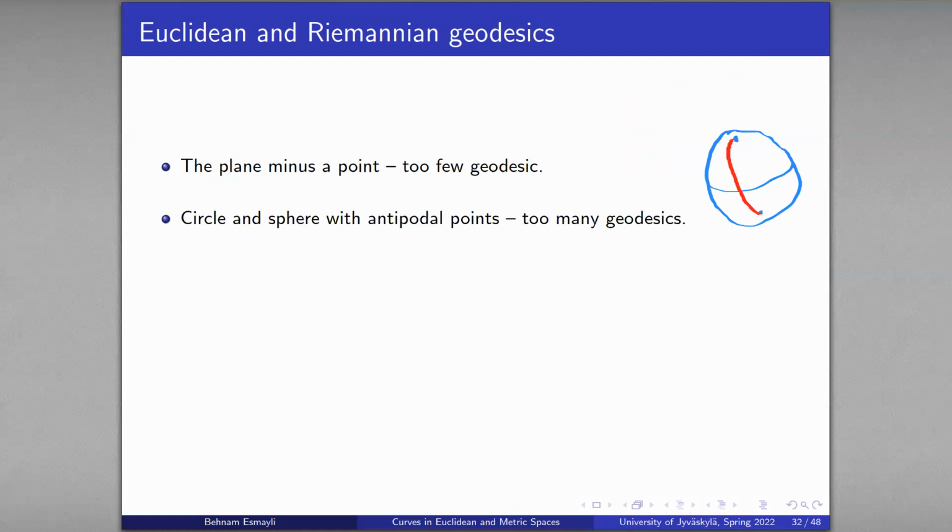Any part of any great circle that goes between them, this one, for example, that goes from behind, will be the same length. So all of these will be geodesics. So there are infinitely many geodesics connecting the North Pole to the South Pole. If you have closer points, actually you get unique geodesics. But with the antipodal points, you get infinitely many.